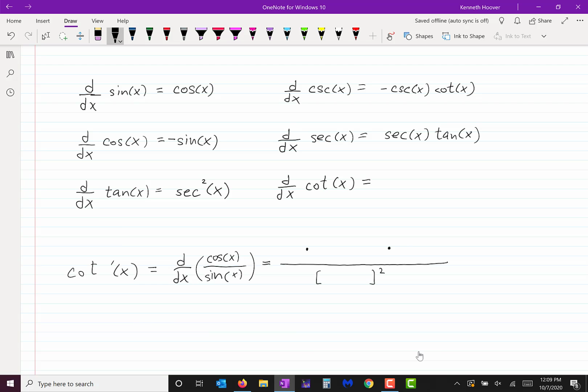Okay, so derivative of top times the bottom minus the top times the derivative of the bottom over the bottom squared.